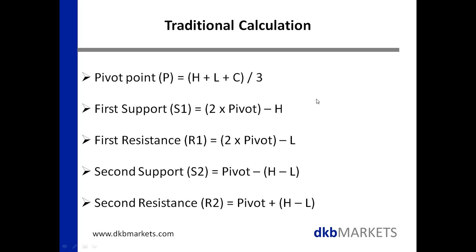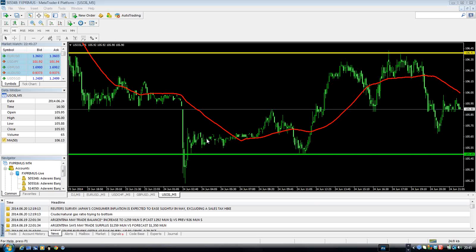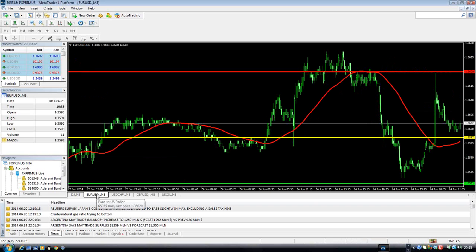Okay, so let's have a look at the charts. So this is the Euro US dollar, which has been going zigzag all day.